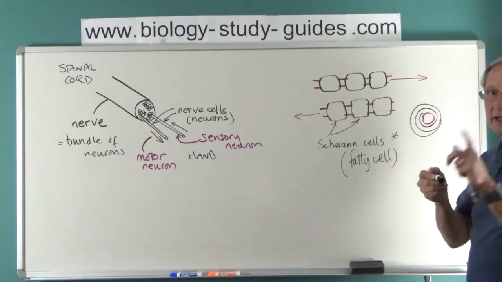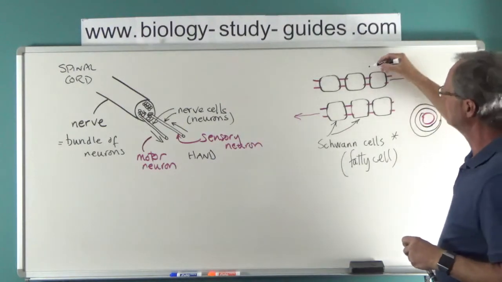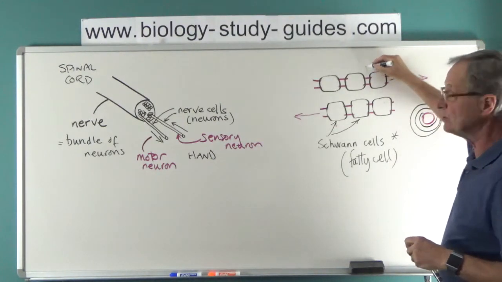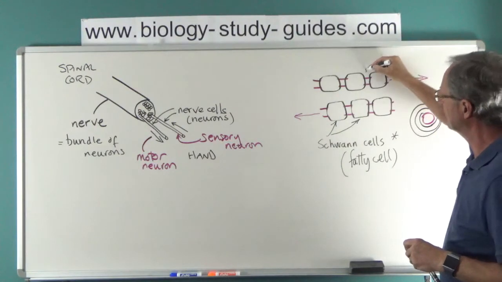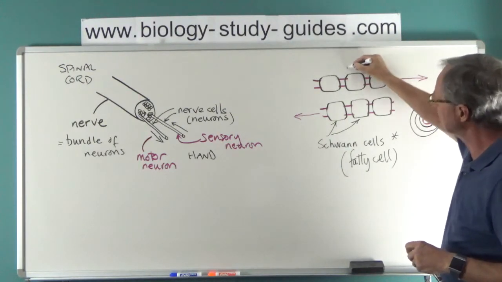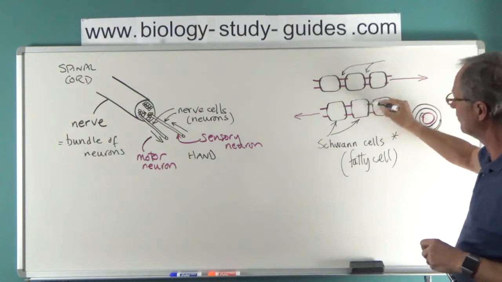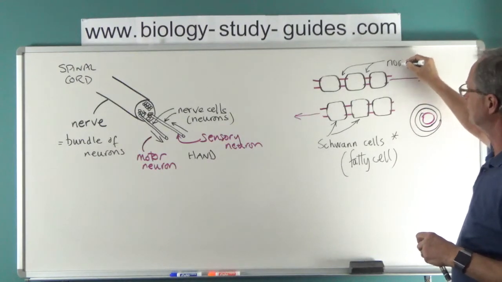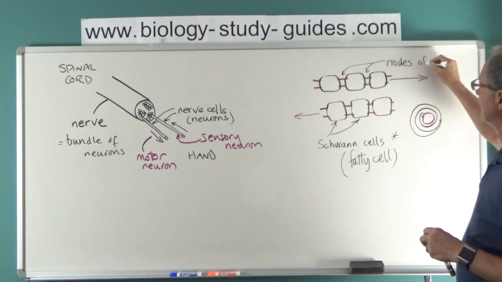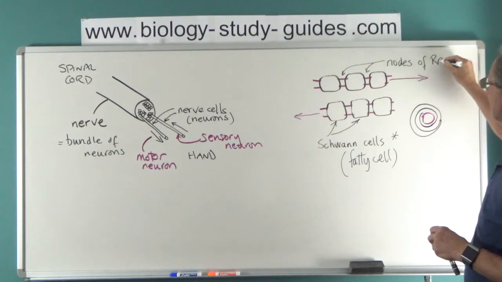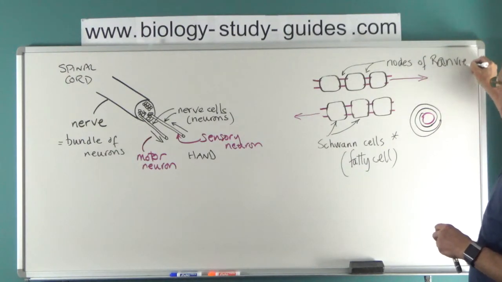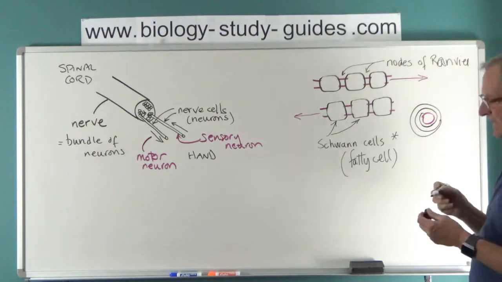One other little point I can make here is that in between these cells, they don't touch each other. They're very close, but they don't touch each other. These little spots, and here as well, these are called nodes, nodes of Ranvier.